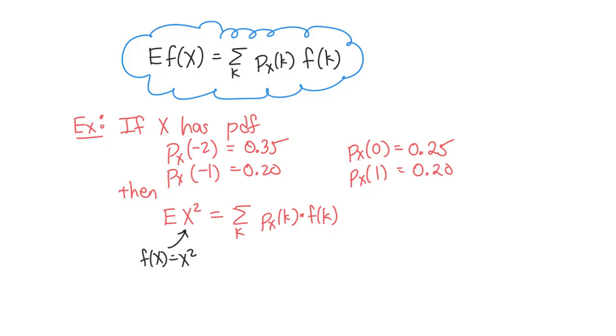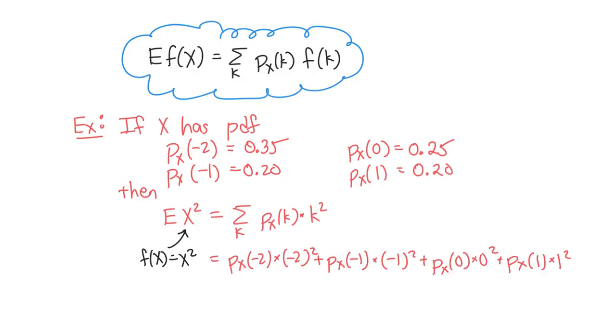Take the formula for expected value of a function. Replace f of k with k squared. Again, k is just the quantity we use in our summation. It represents specific values that x may take. And then write that out. So the 4 values x could take were negative 2, negative 1, 0, and 1.